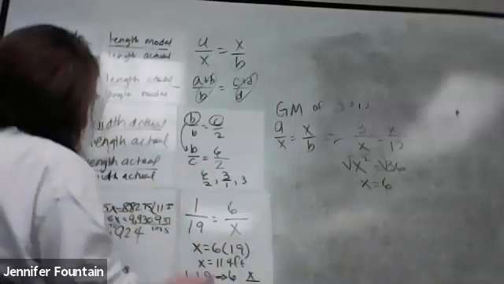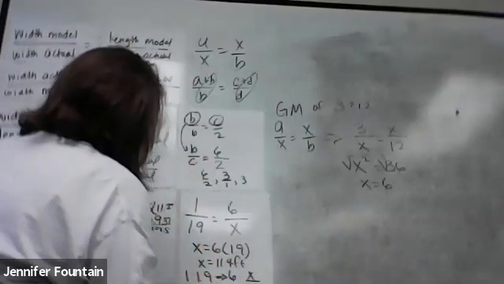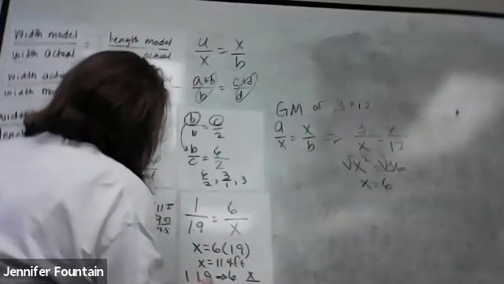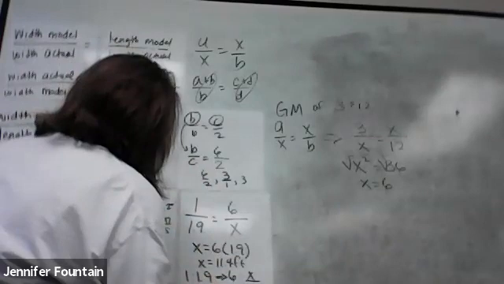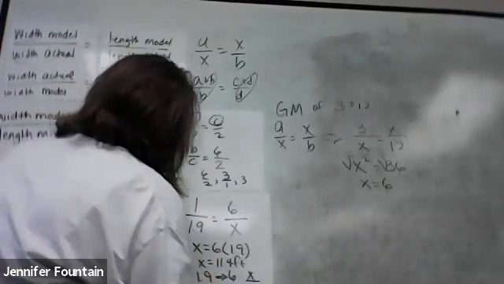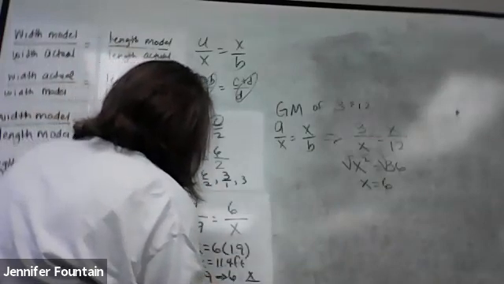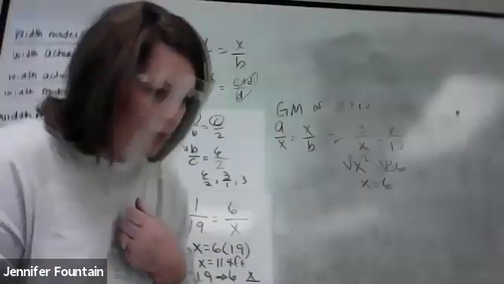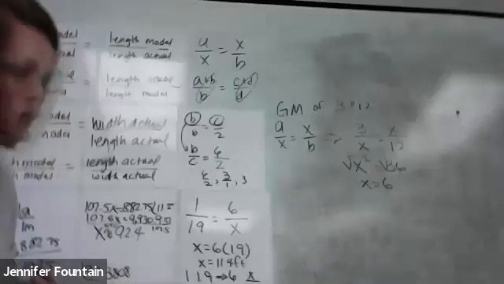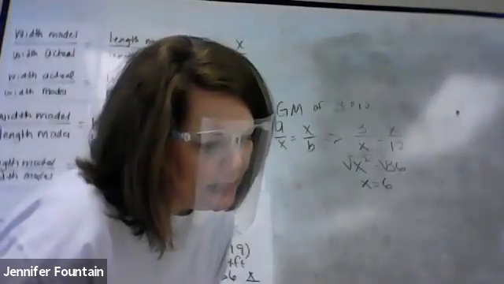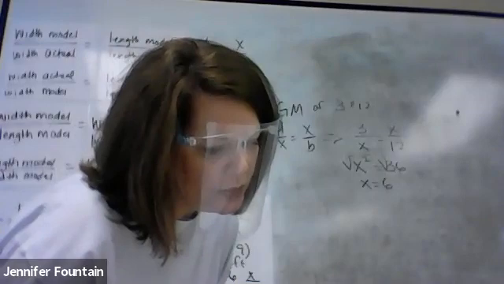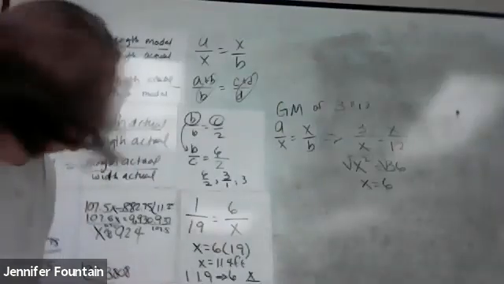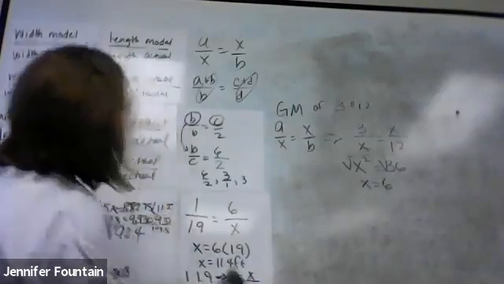So when I set up my proportion, I've got width of Union to width of flag is equal to length of Union over length of flag. Okay, so I'm going to plug in what I know. What do I know? I'm finding the ratio of the height of the Union to the height of the flag. Well, I did length and width instead of length and height.